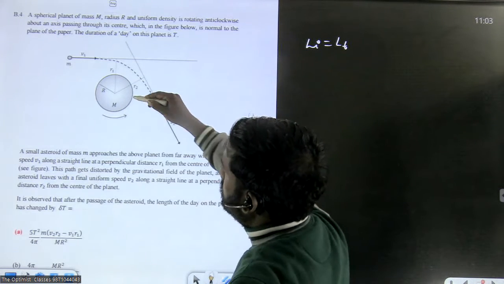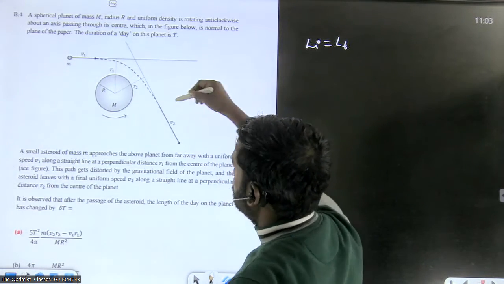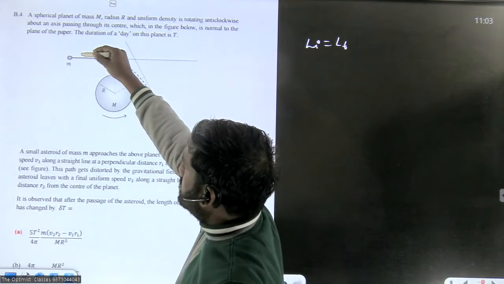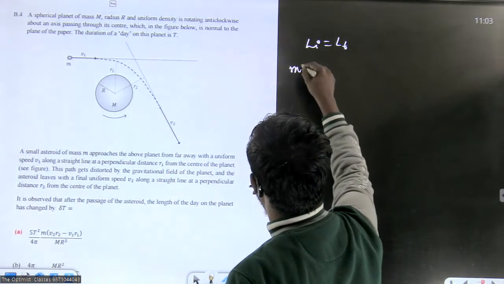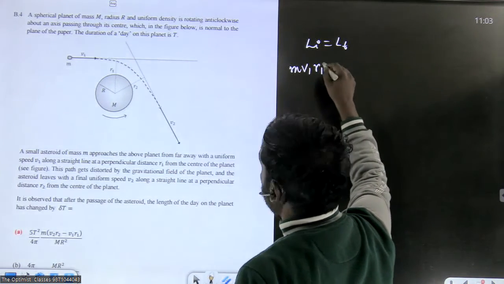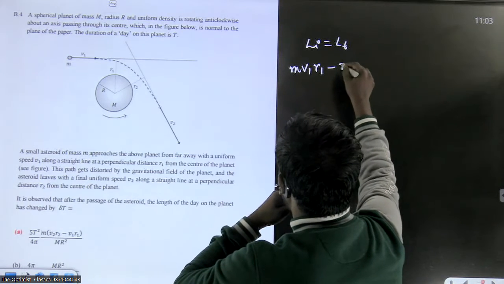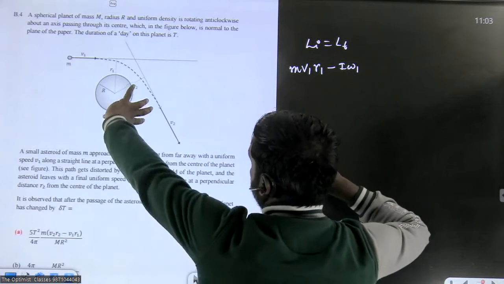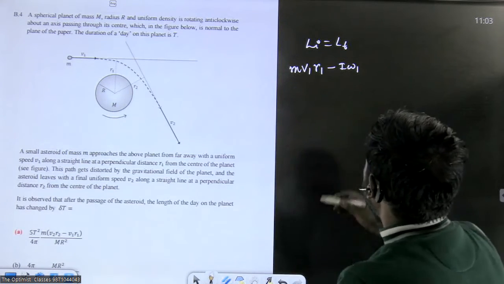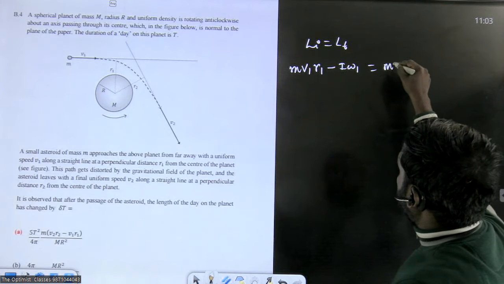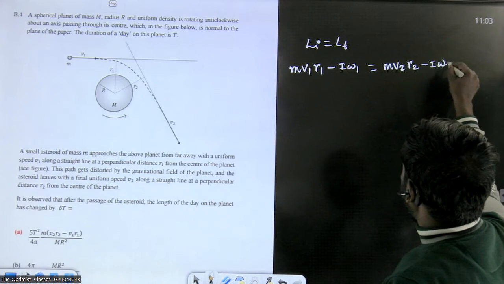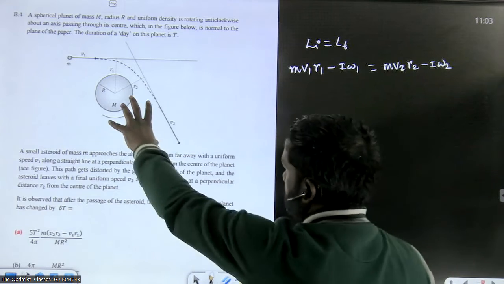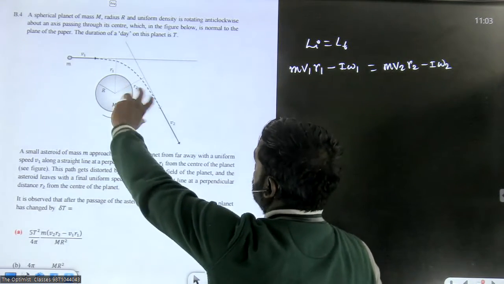Initially, angular momentum of the whole system: for the particle, this is the line of momentum and this is the perpendicular distance, so angular momentum will be m v1 r1, and the planet's angular momentum will be minus I omega 1, as it is rotating in the opposite direction. Later on, the angular momentum will be m v2 r2 plus I omega 2. Suppose the angular velocity has changed from omega 1 to omega 2.